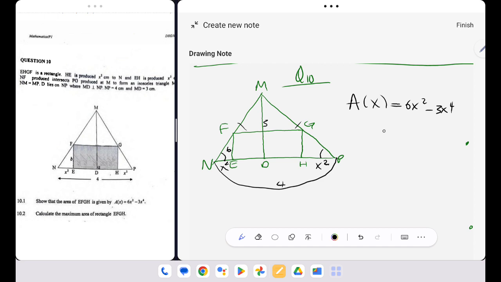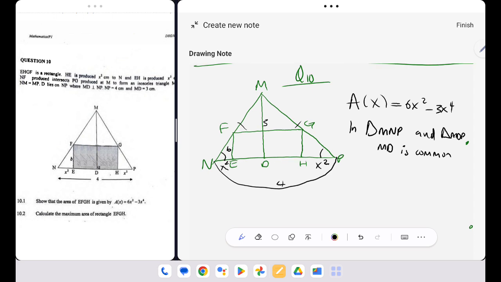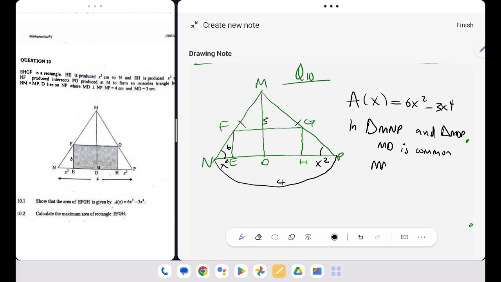Why? Because in triangle MNP and triangle MDP, I know that MD is a common side, and I'm told that MN is equal to MP.